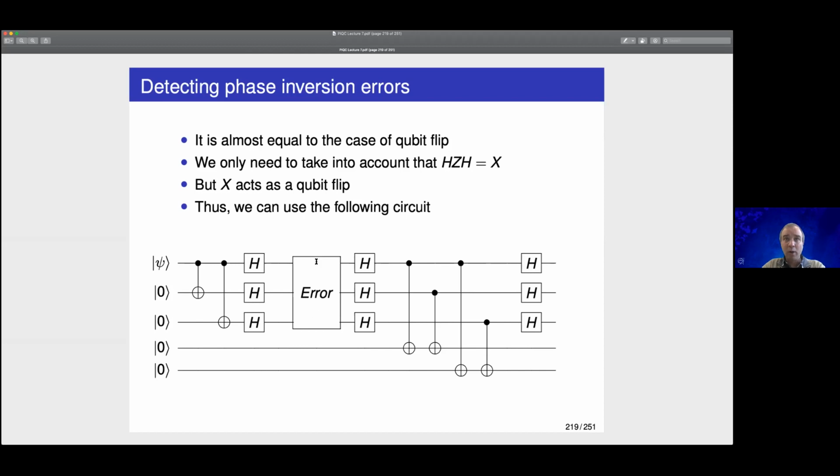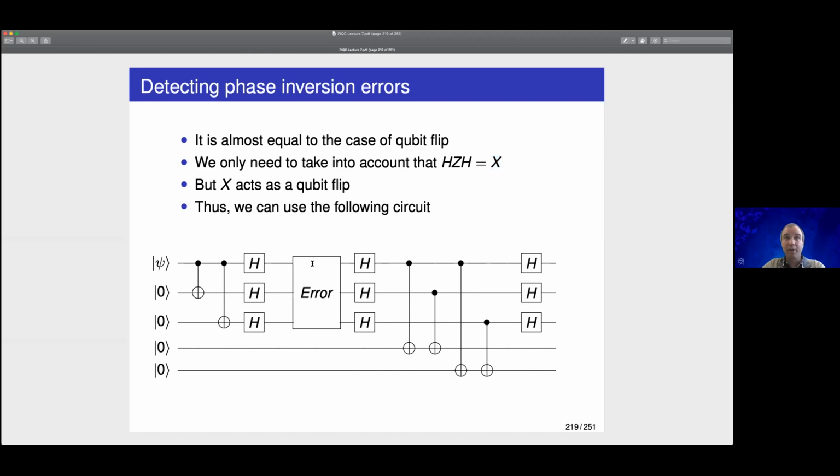Now, in one of the qubits, we have a Z gate that we did not want to have. So how can we detect that Z gate? What we can do is use another column of Hadamard gates, and then the error that we have here is going to be equal to a qubit flip, like the one we were taking care of with the other quantum code.